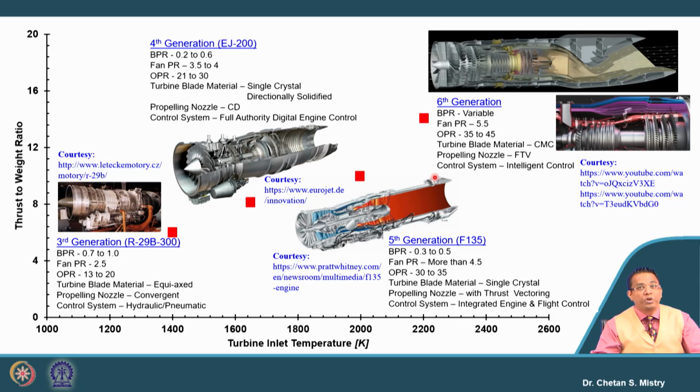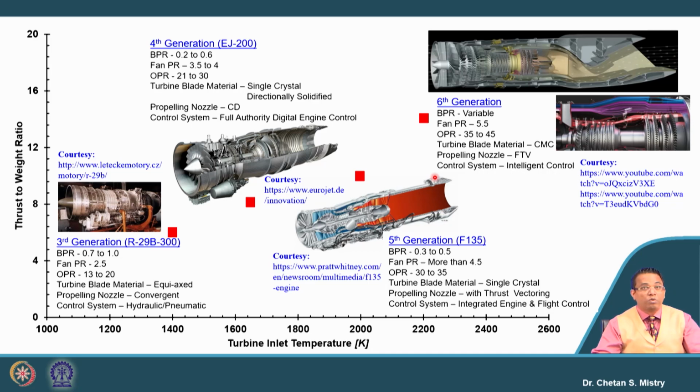Fan pressure ratio is on the higher side, in the range of 5.5. Overall pressure ratio is 35 to 45. The turbine blade material, with the advancement of technology, is ceramic matrix composite. The propelling nozzle will be thrust vectoring, and the control system is an intelligent control system.